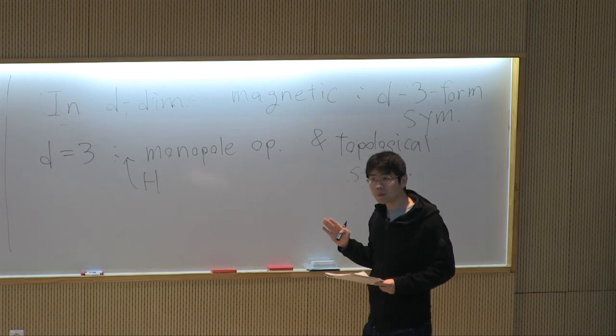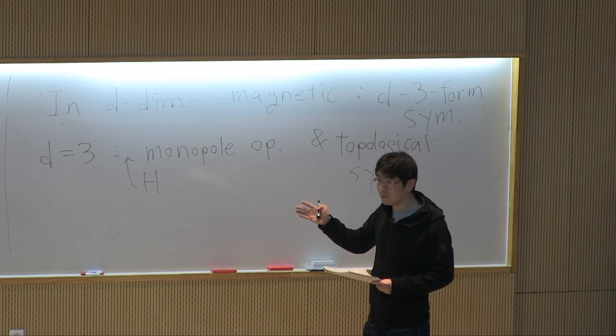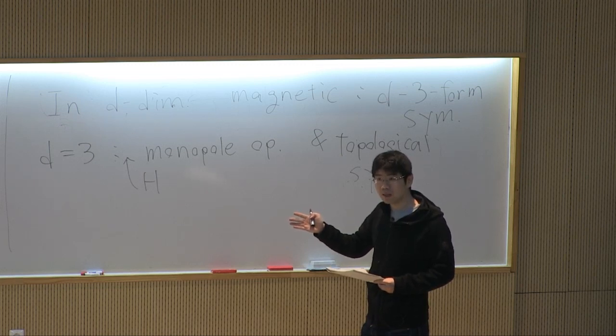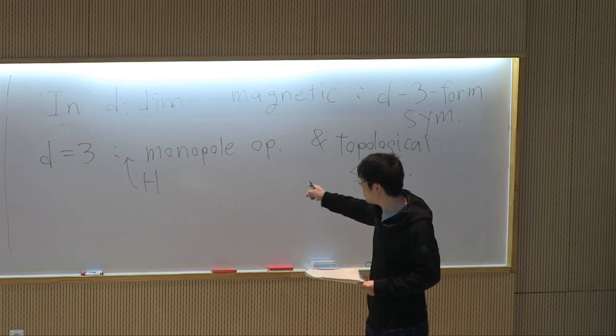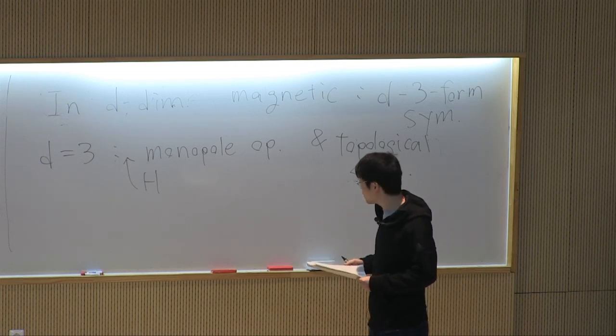Are they the same thing? Yes. I'm here discussing just free Maxwell field theory. And in 3 dimensions, that is also equivalent to a compact scalar field. Is that what you are mentioning? So yes, in 3 dimensions, this is exactly the same. Okay, I see.